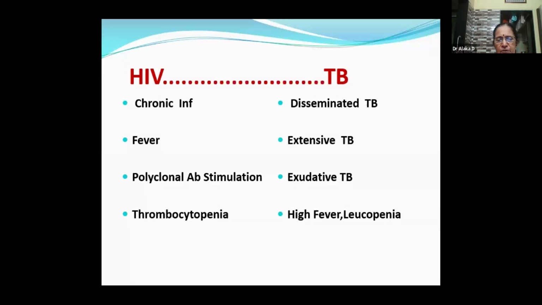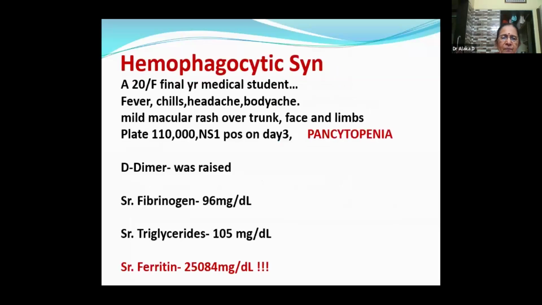You may be surprised to know that tuberculosis is also associated with thrombocytopenia. Disseminated TB, a severe, extensive, exudative form, will cause high fever, leukopenia, and thrombocytopenia. So remember this infection also.